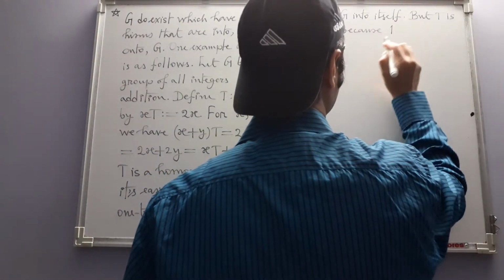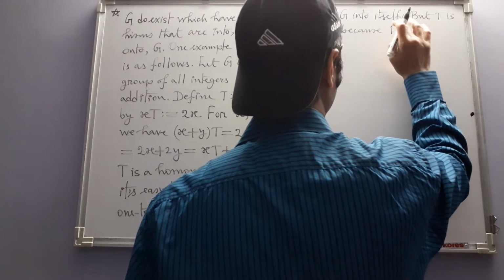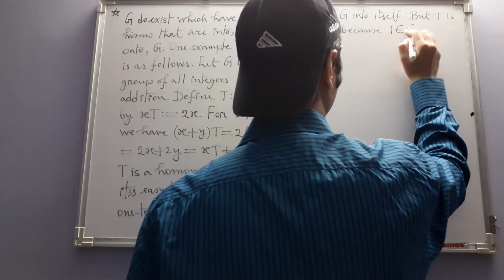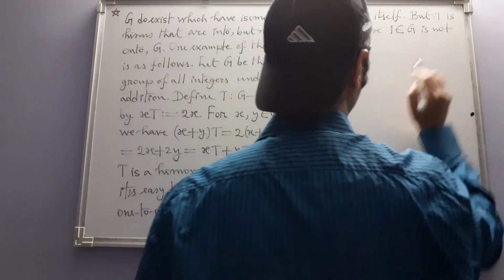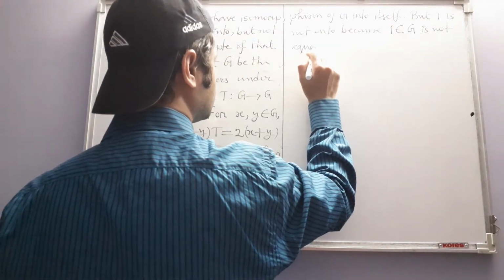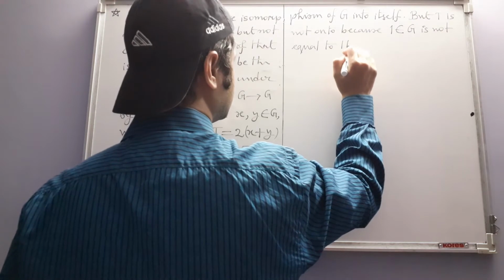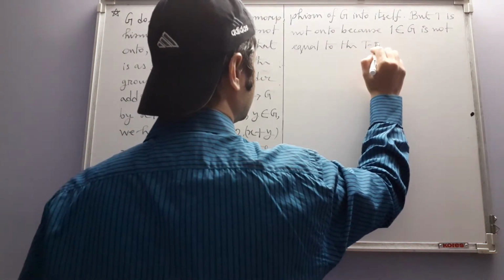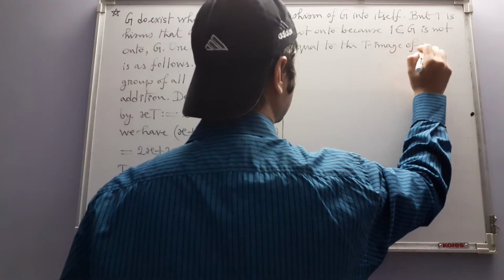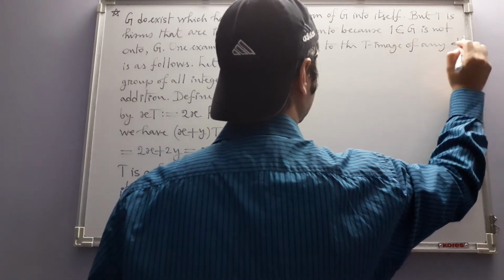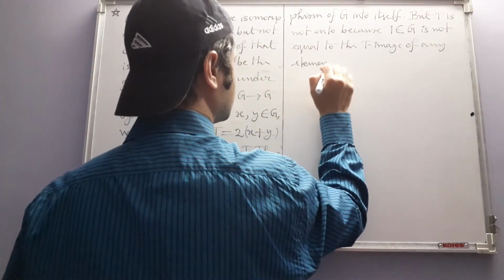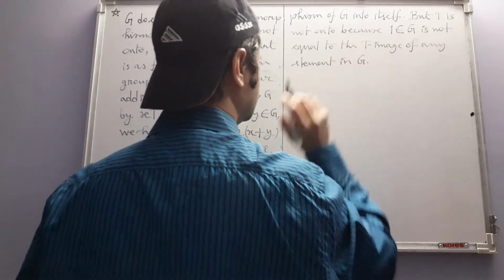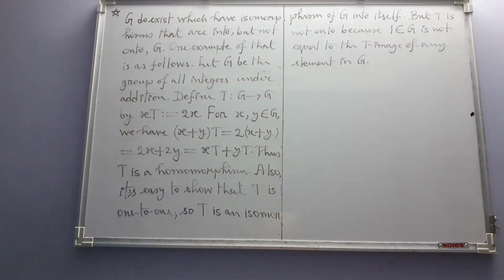Because for example, 1 is an element in G, is not equal to the T image of any element in G. So that's why isomorphisms exist which are not necessarily onto.